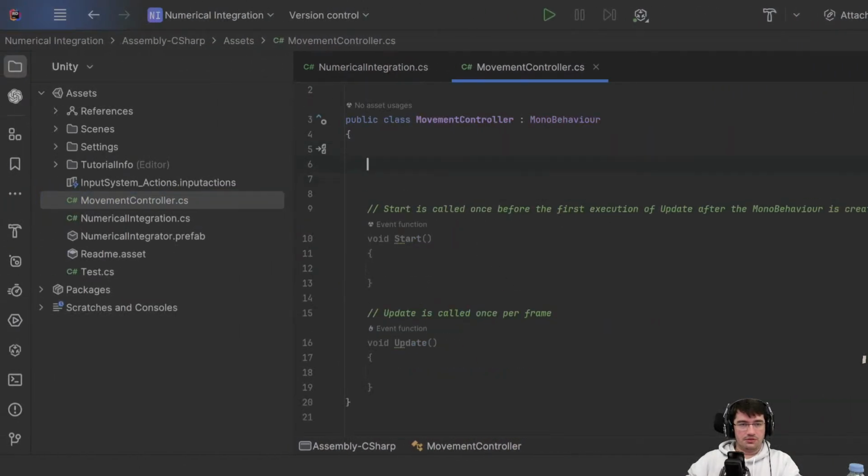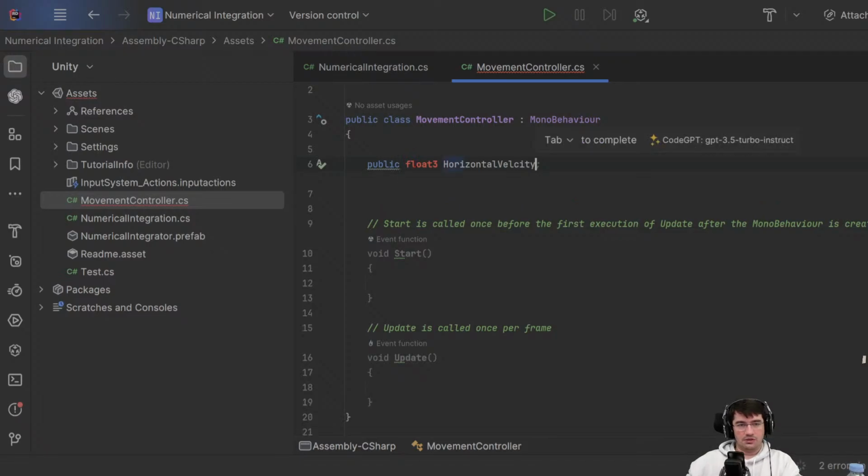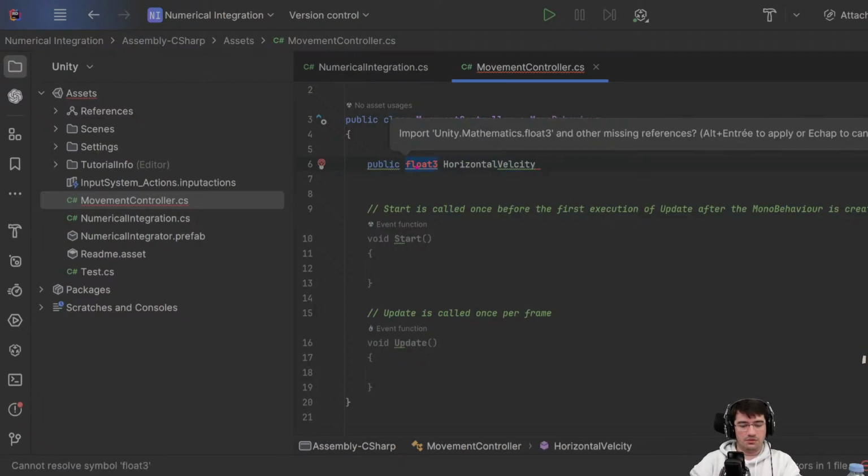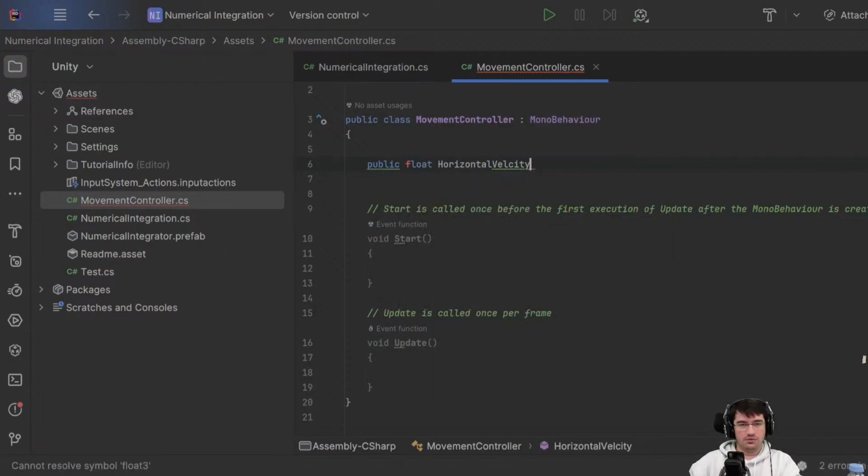So let's do public float3 horizontal velocity. And actually let's do float just for the horizontal velocity.